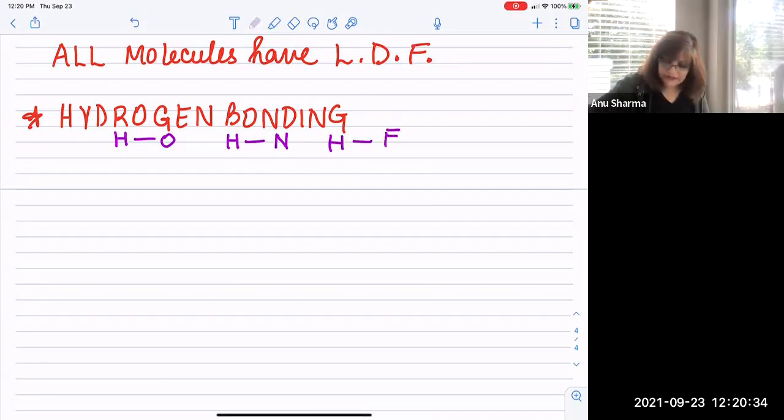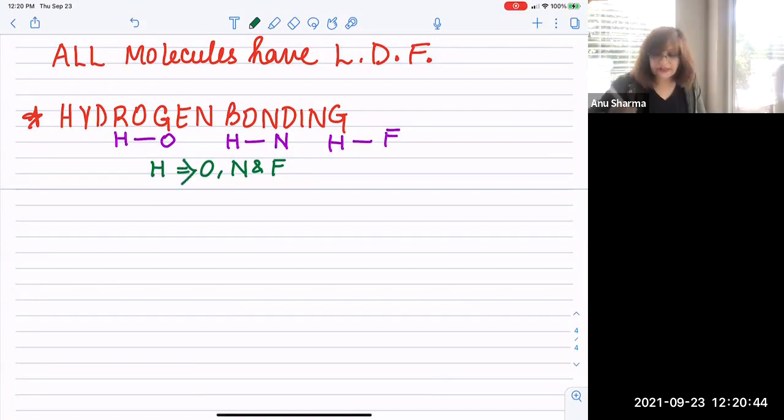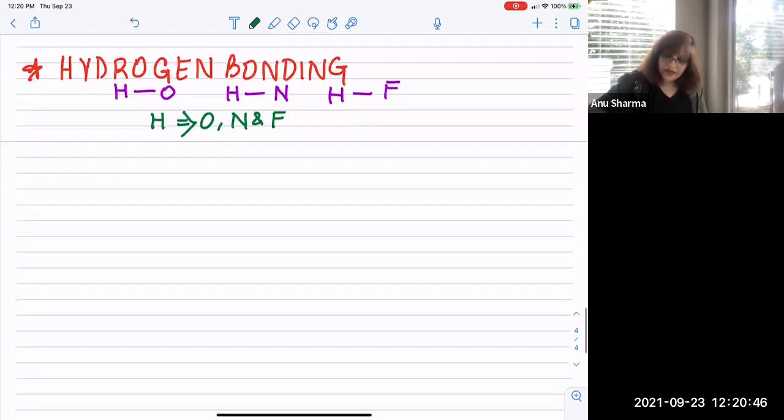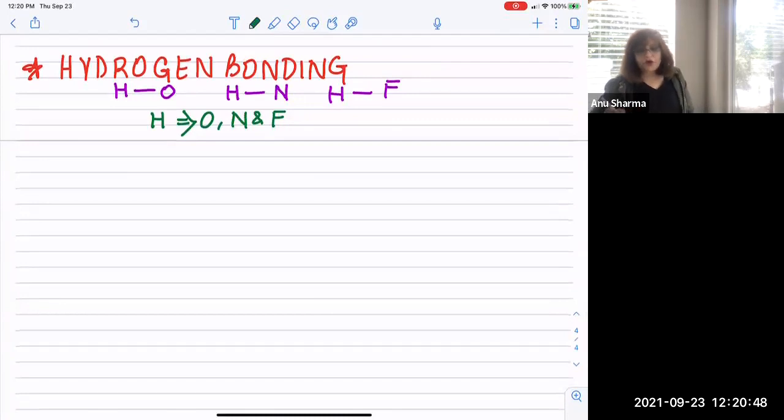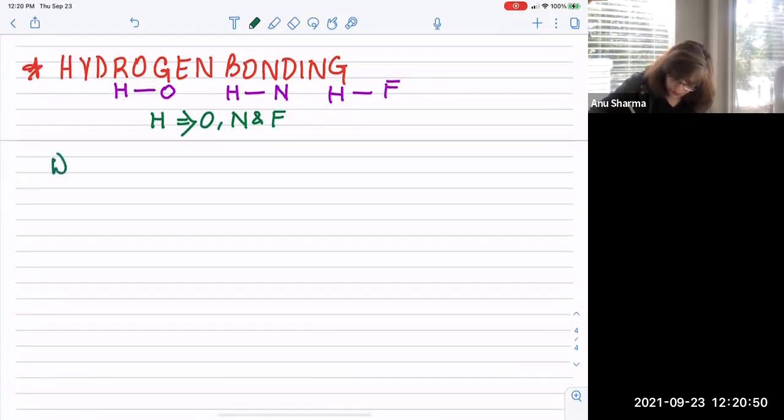So it's always just oxygen, nitrogen, and fluorine. When hydrogen is attached to them, only then the hydrogen bonding occurs.